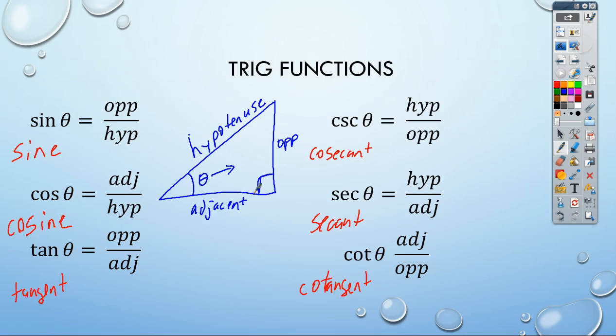So the question is also, how can I memorize these? What's a nice way of memorizing what they are, rather than just trying to suck it up and do it? Again, I'm glad you asked. Hopefully you remember the phrase SOHCAHTOA.